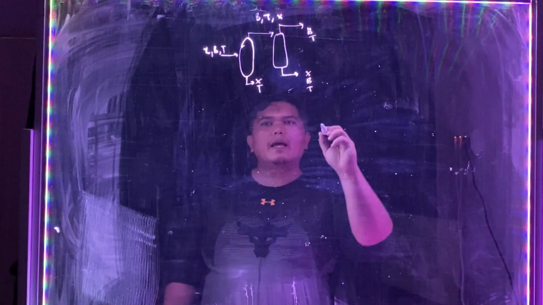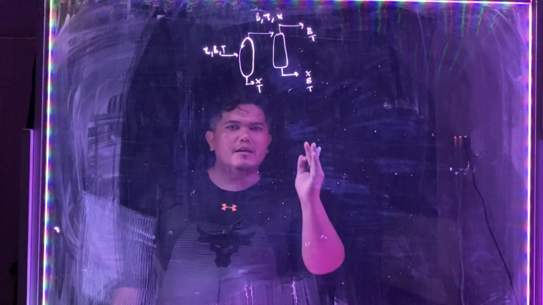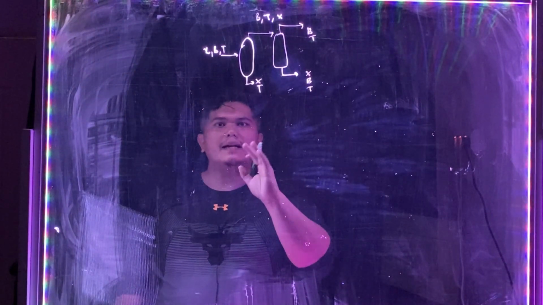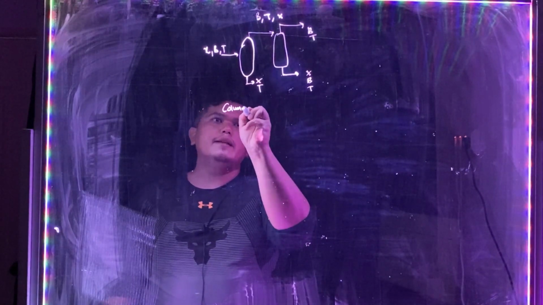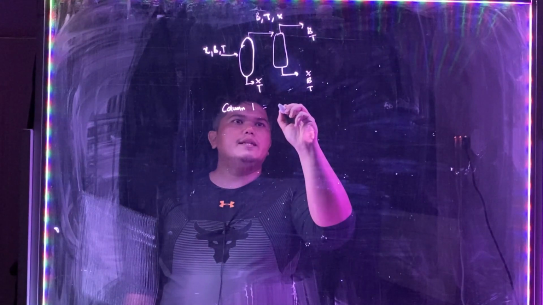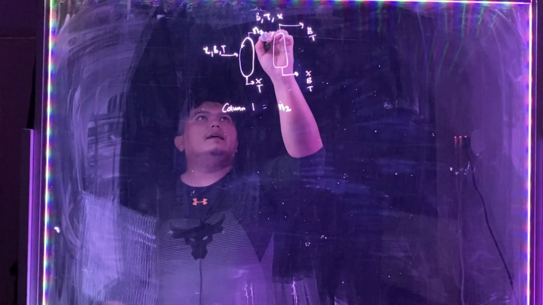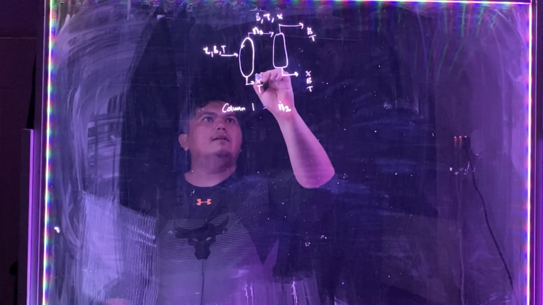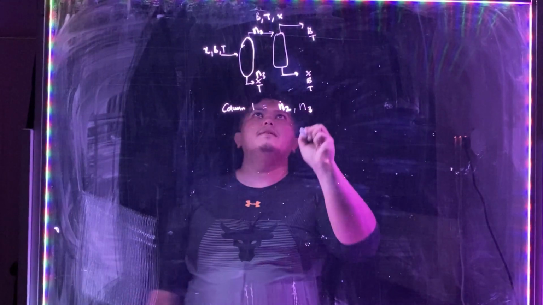Here, if you remember, we have defined the unknowns for distillation column 1. For column 1, we have the unknown N2, and then N3. We also didn't know what N3 is.